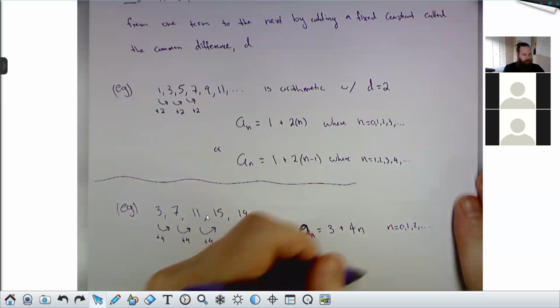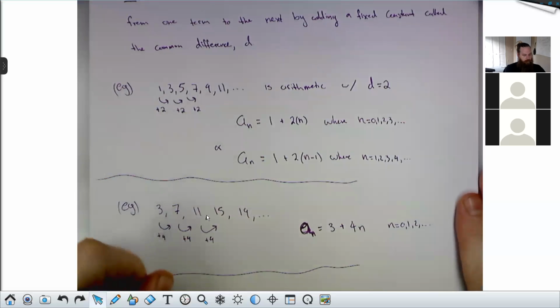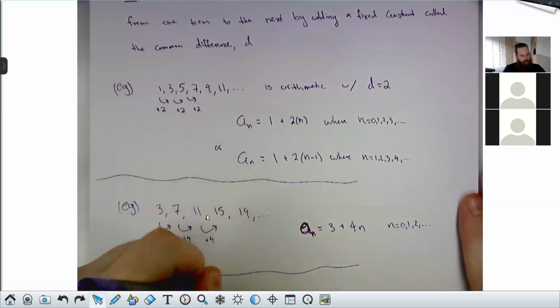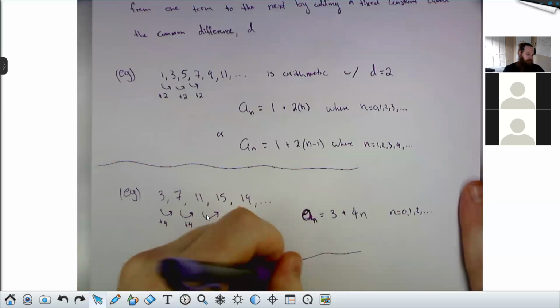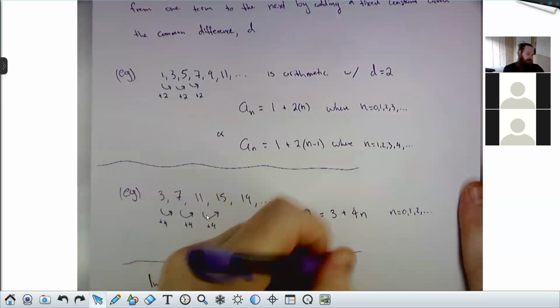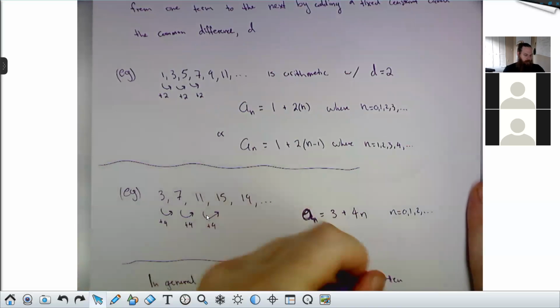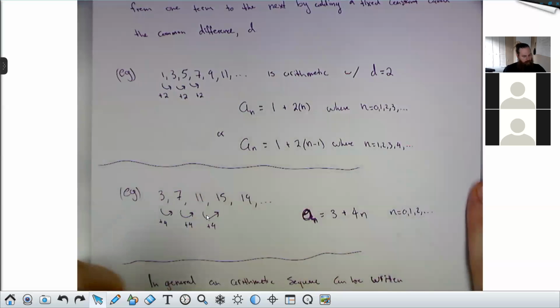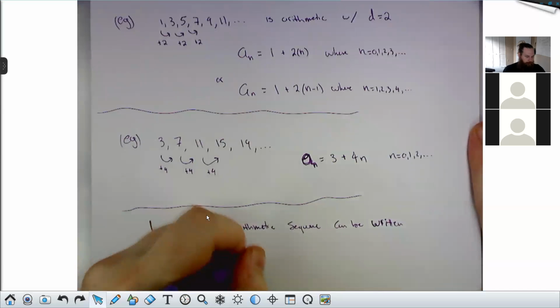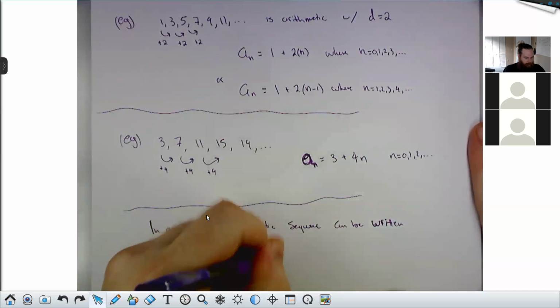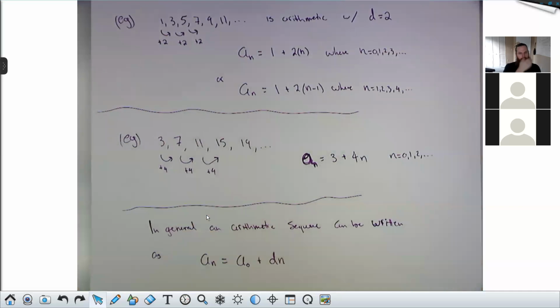So in general, an arithmetic sequence can be written, sorry, my pen is dying, as a_n equals a constant, I'll call it a_0, plus the common difference times n.